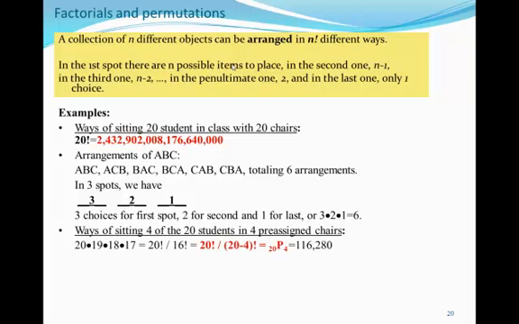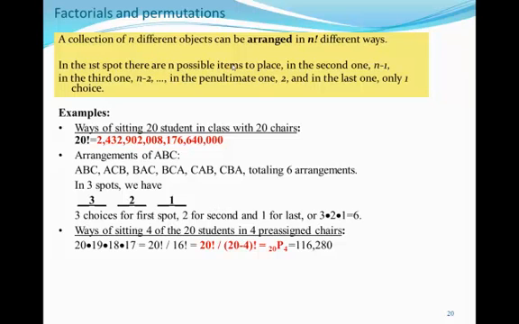And the ways of seating 4 of the 20 students in 4 pre-assigned chairs. For those particular 4 pre-assigned chairs, the first one will be 20, the second one 19, then 18 times 17, which basically equals 20 factorial divided by 16 factorial.